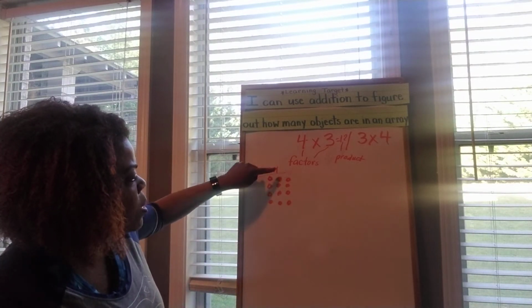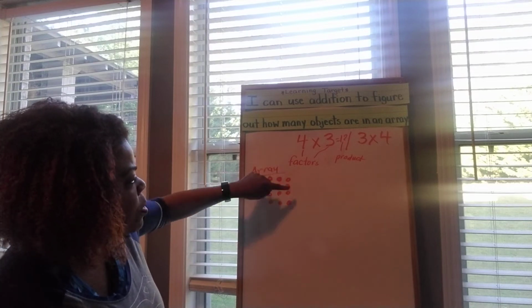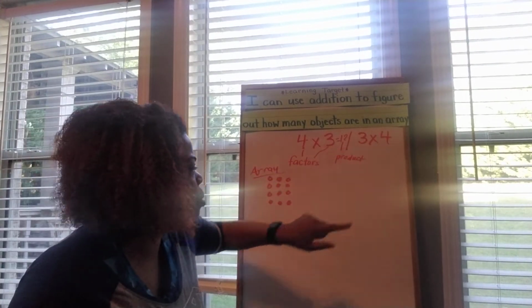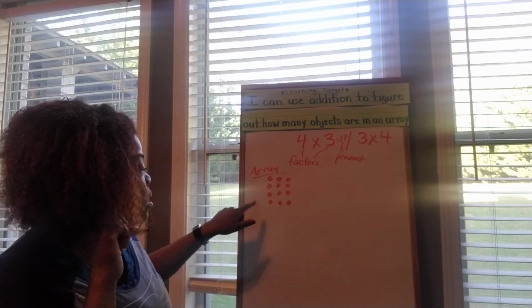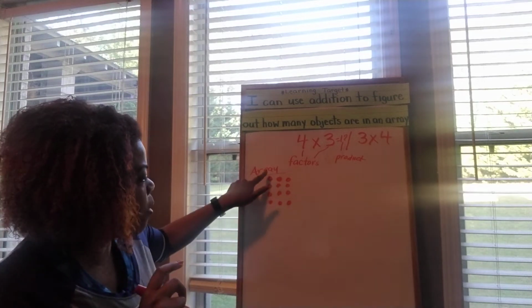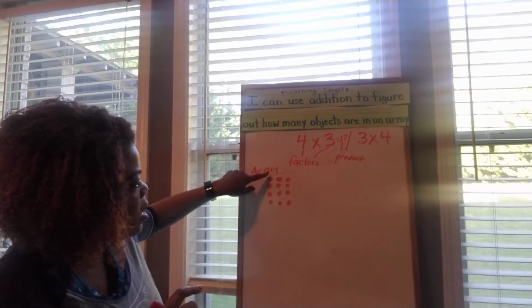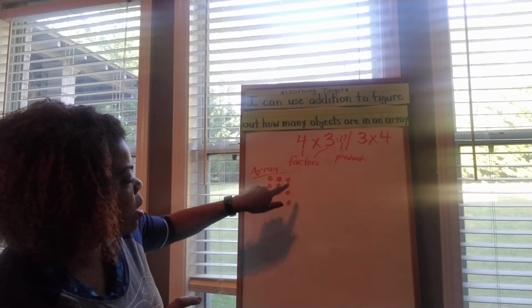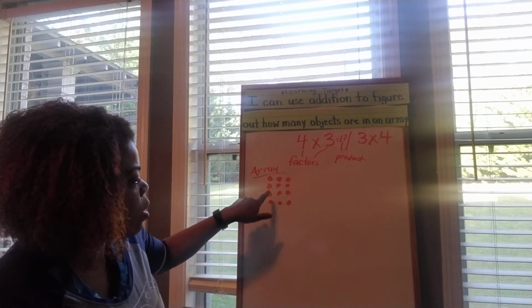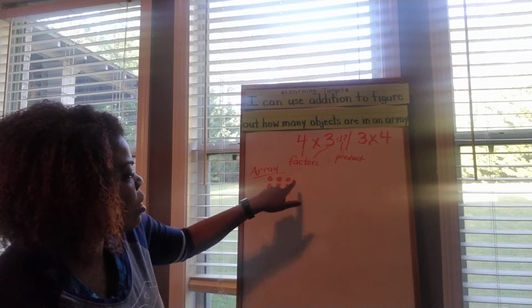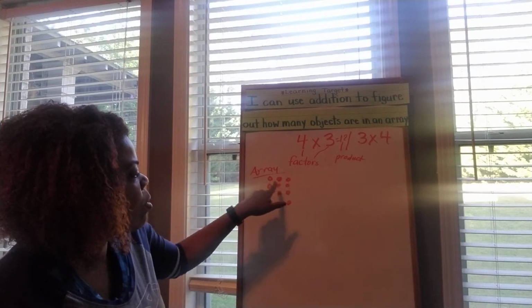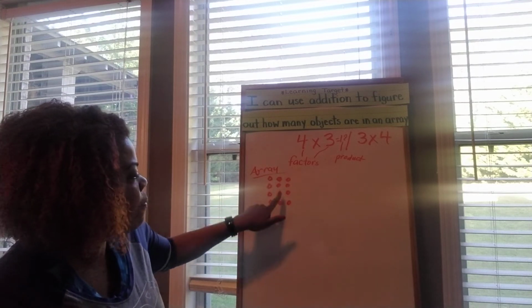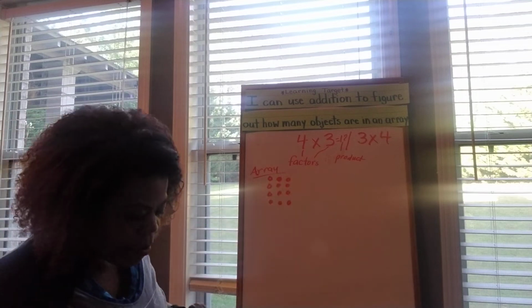So 3 groups of 4. Now we could also do 3 times 4. 4 times 3 is the columns. 3 times 4 is what? The rows. So we've got 3 sets of 4, or sets of 4 3 times. So it's the same problem.